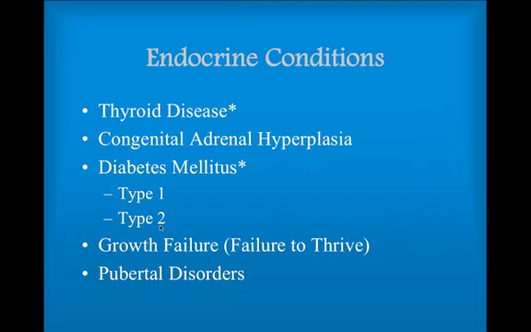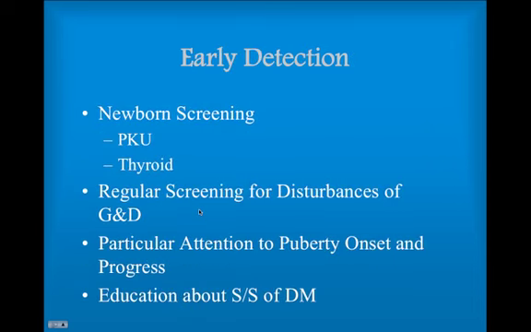Diabetes, on the other hand, we've already spent an entire unit on, so I'm only just listing it here, reminding you that this is probably a very common endocrine problem that we as nurse practitioners have to deal with. We'll also talk about congenital adrenal hyperplasia, growth failure, and some pubertal disorders.